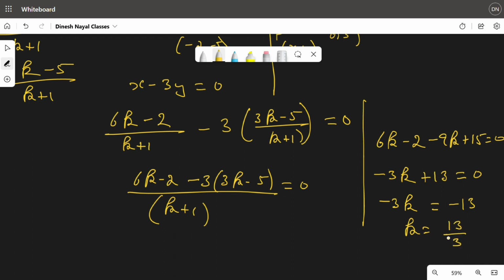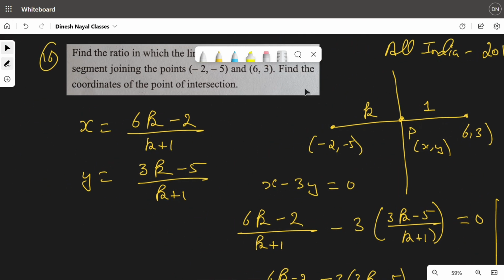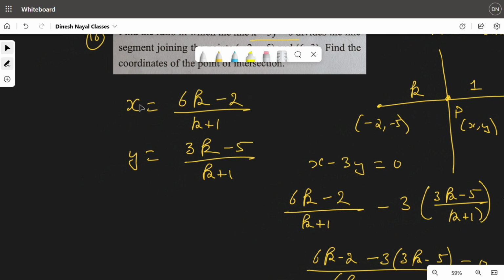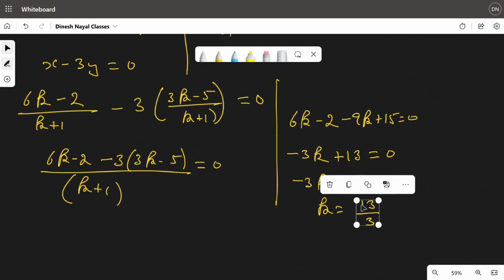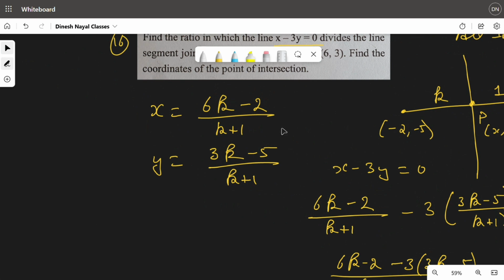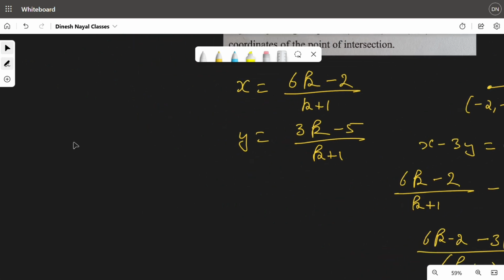Now see, k is 13 by 3, but what we have to do is find the coordinates of the point of intersection. We know the coordinate is x comma y, so we substitute the value of k, which is 13 by 3, in this one and get the values of x and y.